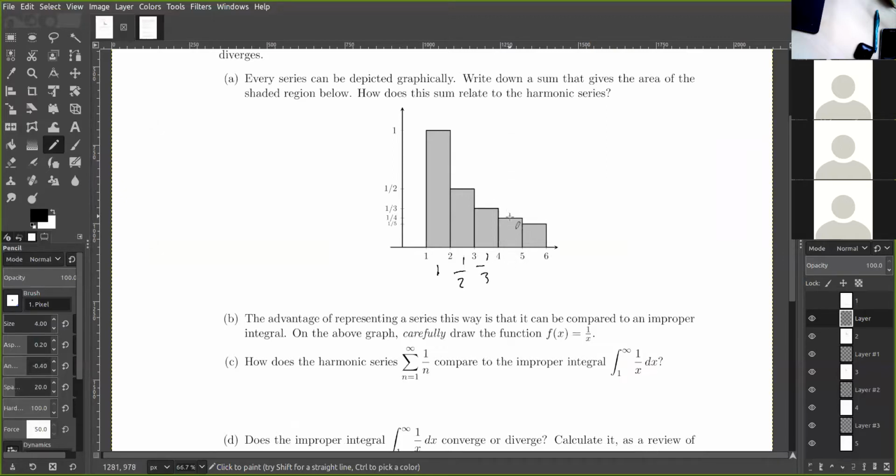Fourth box, height of 1/4. So what is the total area? 1 plus 1/2 plus 1/3 plus 1/4, and it continues. And of course, this is just our harmonic series.